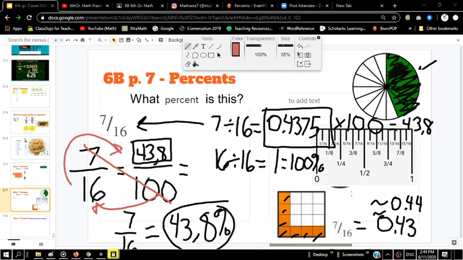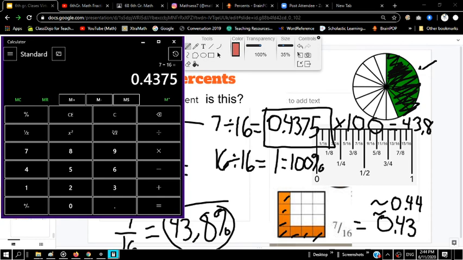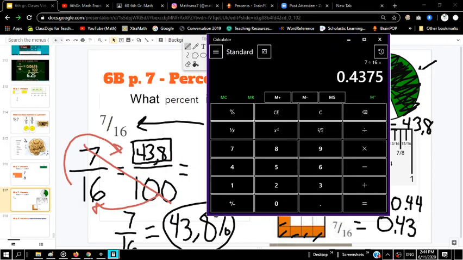We can try that on the calculator just to check to see if we did that correctly. Let's try it. The proportion method. 7 times 100 equals 700, divided by 16 equals 43.75, or approximately 43.8. Okay?